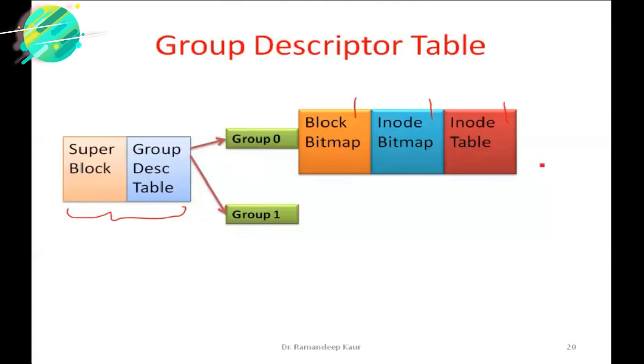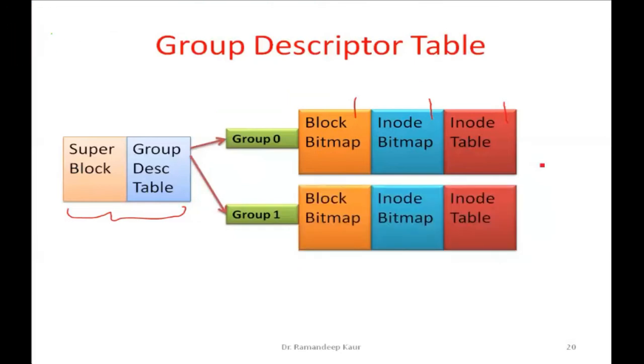Now next would be your second block group, group number 1. The super block and group descriptor are the same, they are constant. I said they are storing the information of all the groups. So even if it is read from group number 0, it is still storing information of all the other groups also.